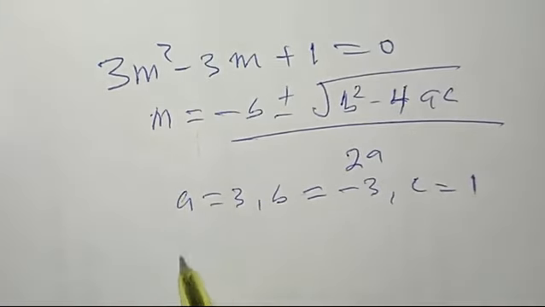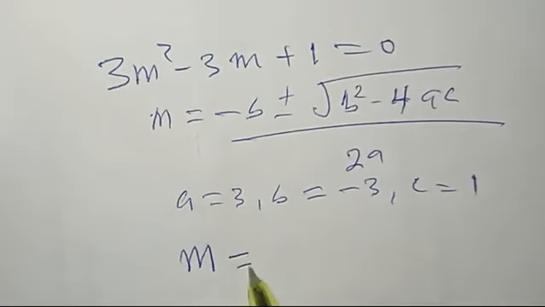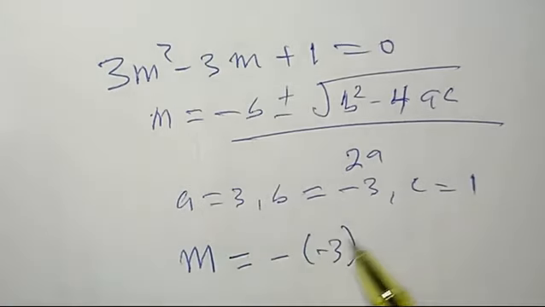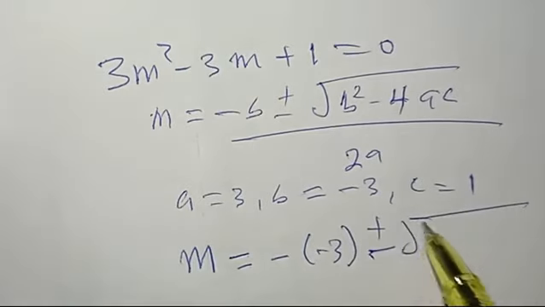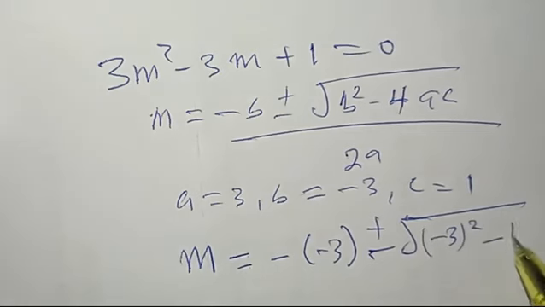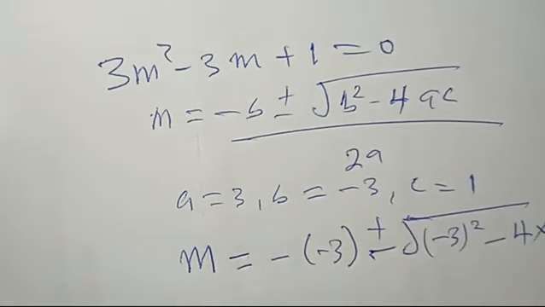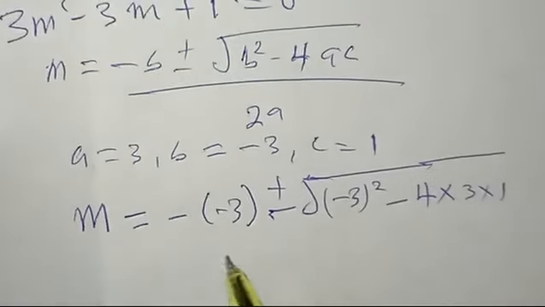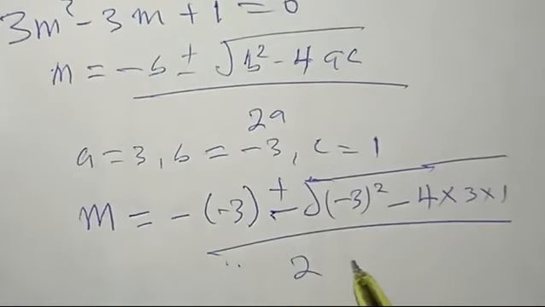Therefore our m is now equal to minus b, which is minus minus 3, plus or minus the square root of minus 3 squared, and then minus 4 times a, which is 3, and then times c, which is 1, and it's all divided by 2 times 1.